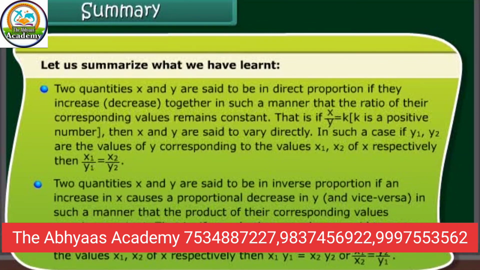In this case, if y1, y2 are the values of y corresponding to the values x1, x2 of x respectively, then x1 y1 is equal to x2 y2, or x1 upon x2 is equal to y2 upon y1.